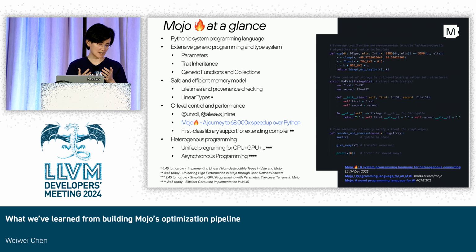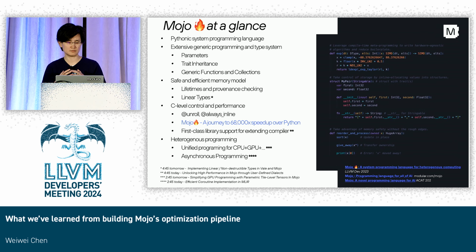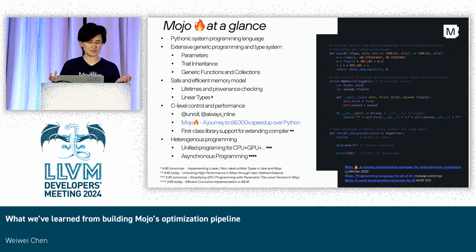In addition to that, Mojo also has some superpower features like extensive generic programming capability, a type system, and a safe, efficient memory model. It gives you C-level control in terms of program performance. We also support a general heterogeneous programming model so that you can write both CPU code and GPU code all together with synchronous programming.